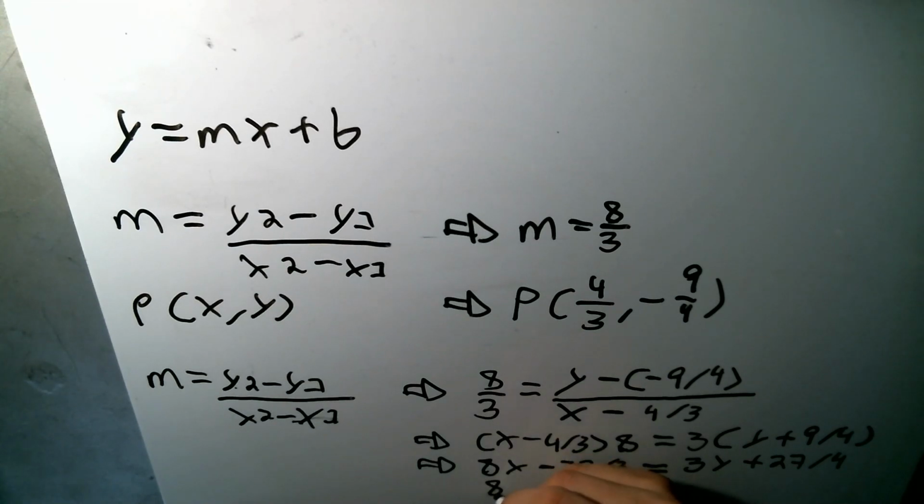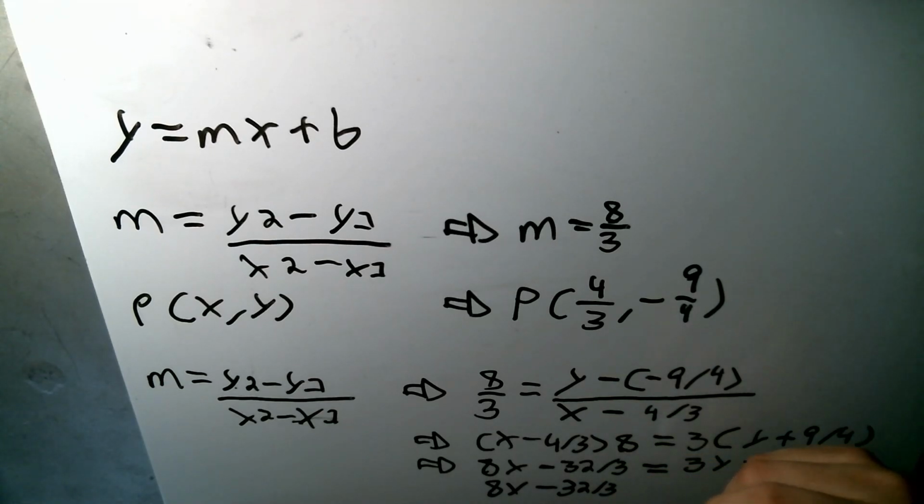So we will get 8x minus 32/3 minus 27/4 equals 3y. Now we want to add these two together, minus 32 thirds and minus 27 fourths, but we cannot do it because of the denominator.